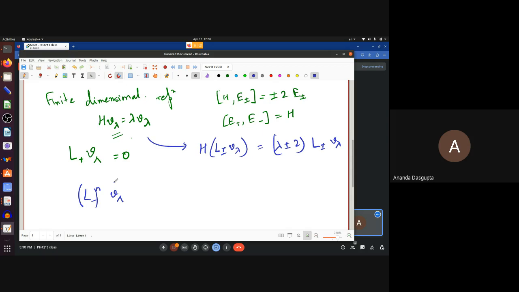Tell me, what state is this? Remember, v lambda are eigenstates of H with eigenvalue lambda. If I apply L minus n times on v lambda, what state will I get?